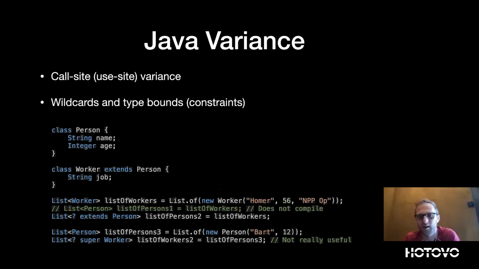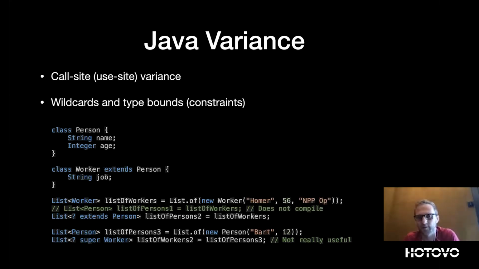But in Java, lists are not covariant. So this line doesn't compile. The compiler would reject that, because we can't assign a list of workers to a list of persons, because even though a worker extends from a person, list of workers doesn't extend from a list of persons.